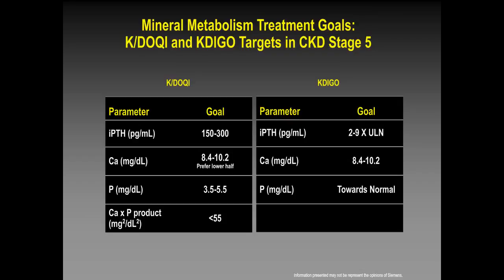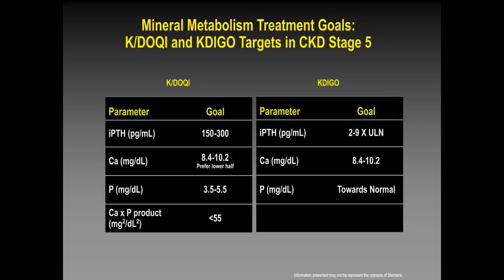So these were the best available data at the time, but the assays that gave rise to this suggested range really don't exist anymore, and so this was based on fairly weak data and an assay that can't be verified under modern therapeutic regimens. So the KDIGO guidelines on the right were an effort to refine these targets.